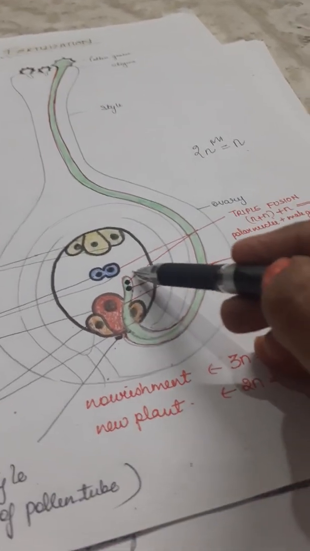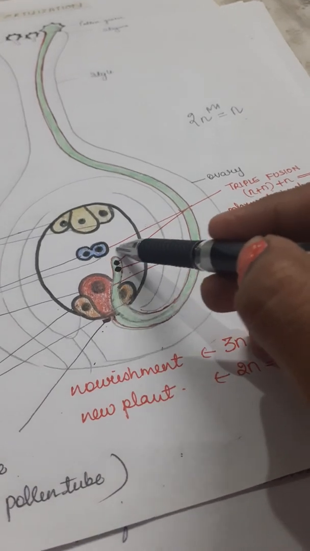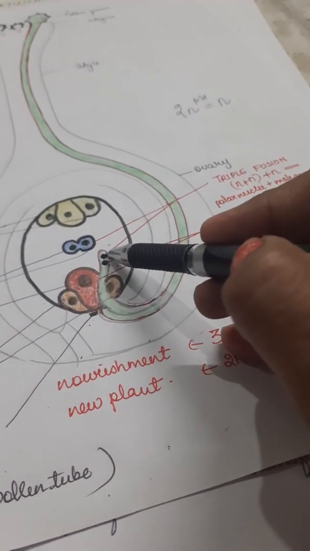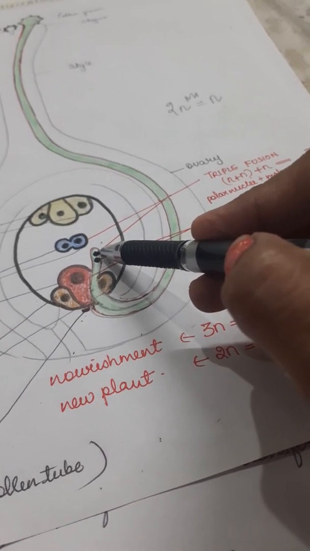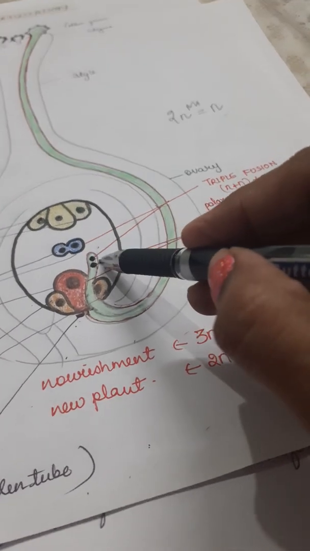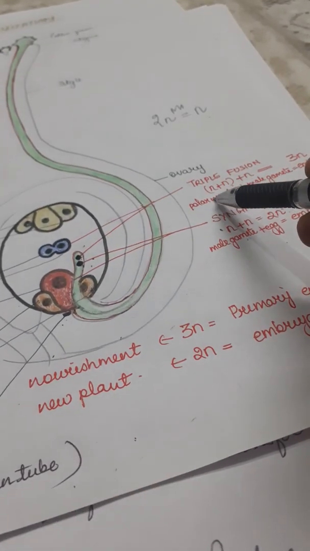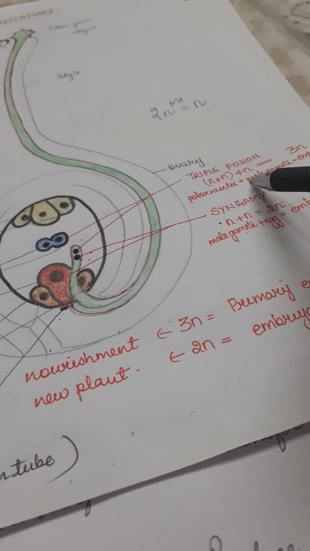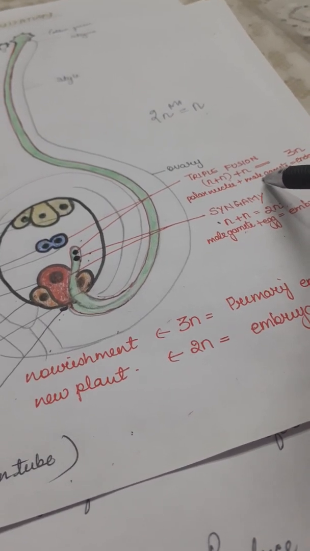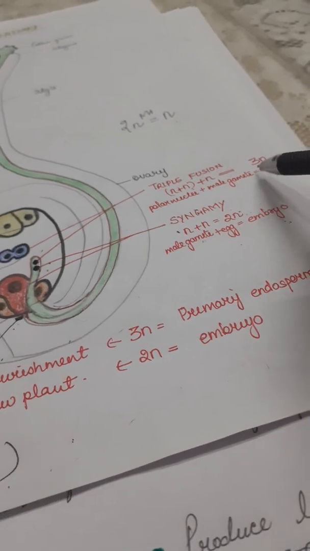Whereas the other male gamete is fusing with the two polar nuclei. So these two polar nuclei along with this remaining male gamete fuse together. That is n plus n plus n. Since three nuclei are fusing together, it is known as triple fusion, and you will have 3n.